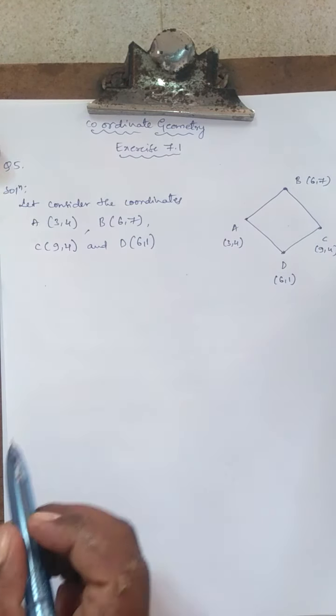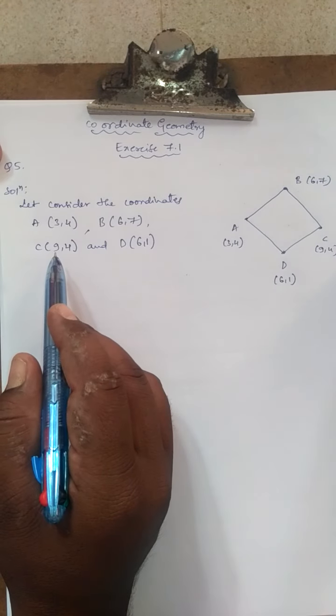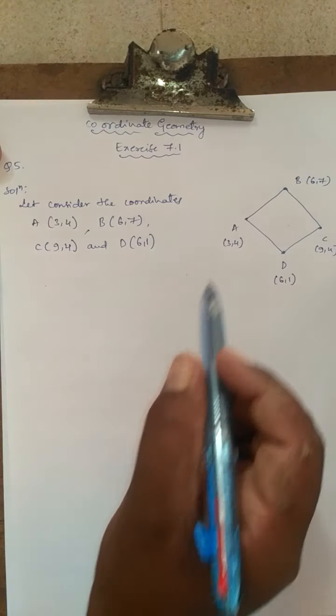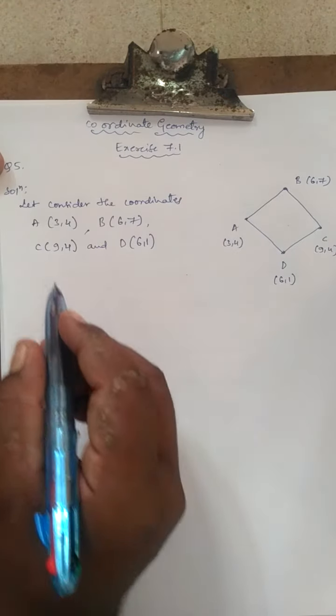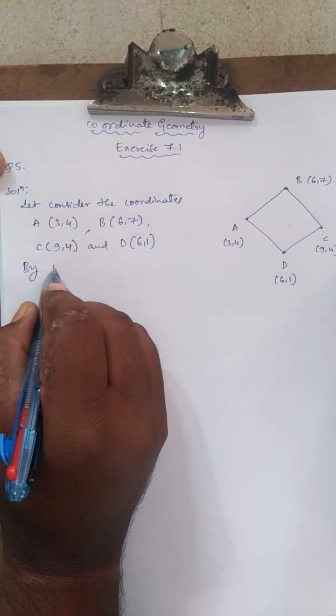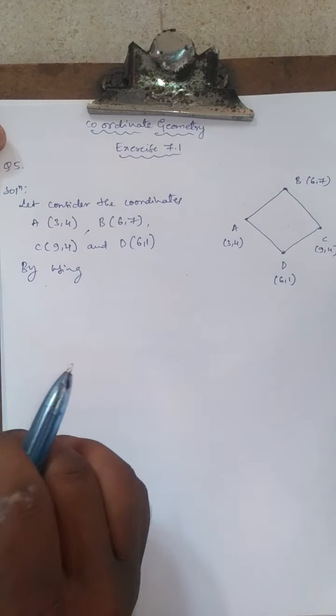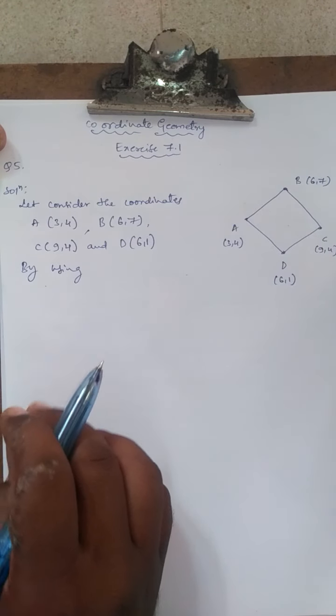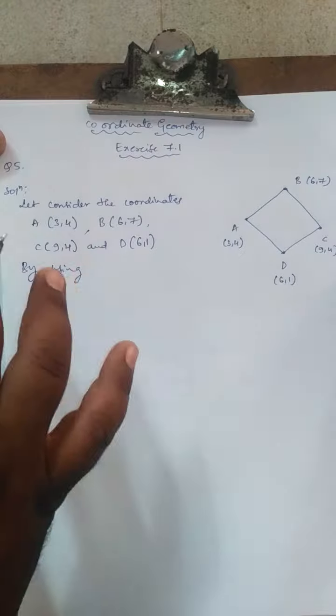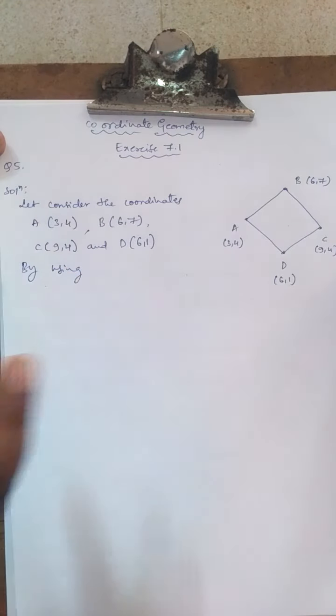Now we have to find the distances AB, BC, CD and DA. So how to find the distance of AB? Here I am going to write the distance formula once, and then use the same formula for all the cases.